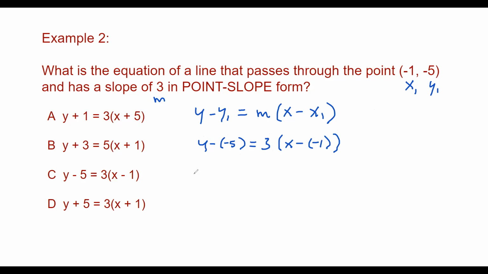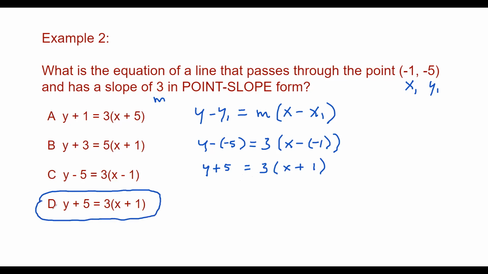We have a double negative here, so that becomes addition. That becomes y plus 5. On the other side, likewise, x minus a -1 becomes x plus 1. And now we are done. We can go look for our answer, and we notice that it's right here.